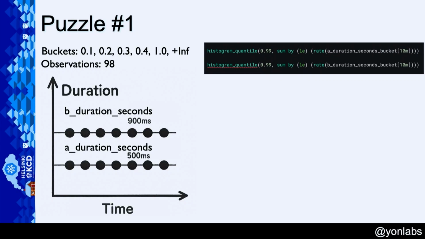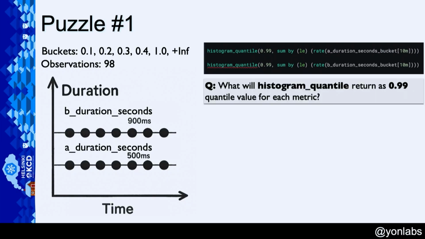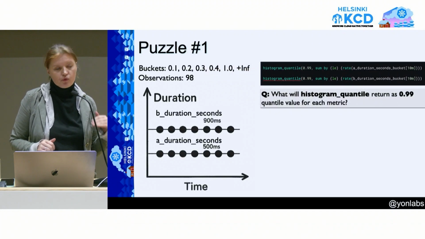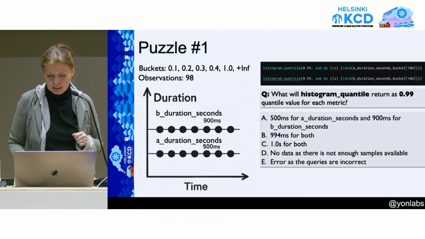And now the question. We want to calculate histogram quantile, 0.99 quantile for each of the metrics. And the question, what will this histogram quantile function return as 0.99 quantile value for each metric?